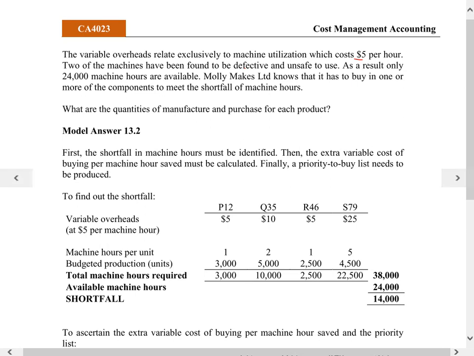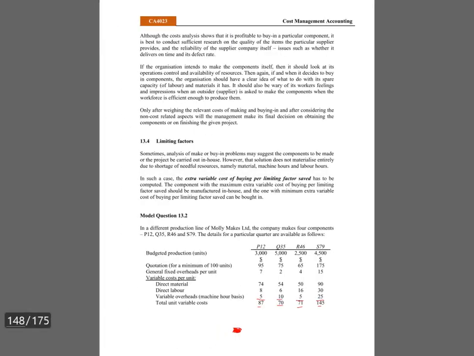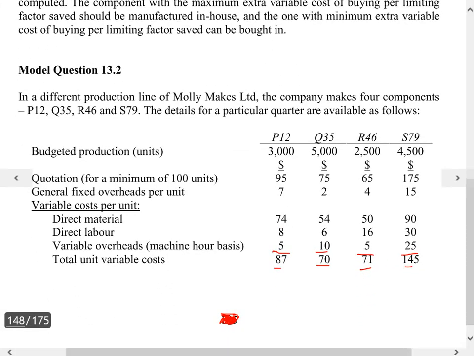So 24,000 machine hours were available, implying that machine hour is our limiting factor. Molly knows that it has to buy in one or more components to meet the shortfall. So should we base it on contribution per unit, contribution per limiting factor, or savings? Savings. The limiting factor is the machine.